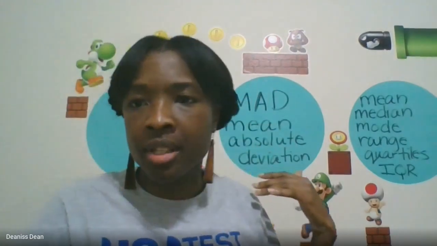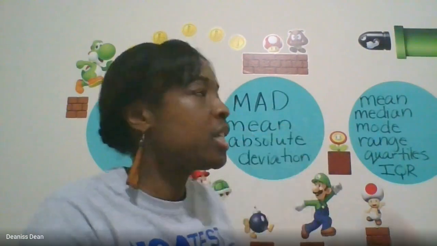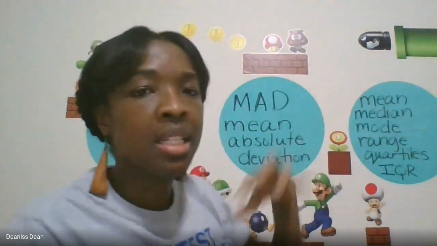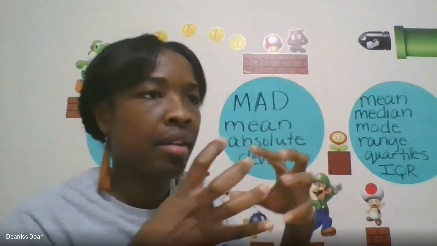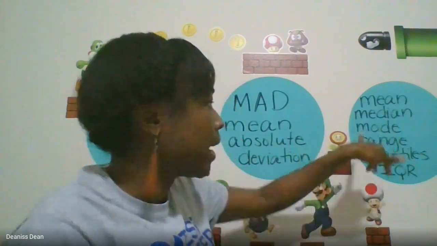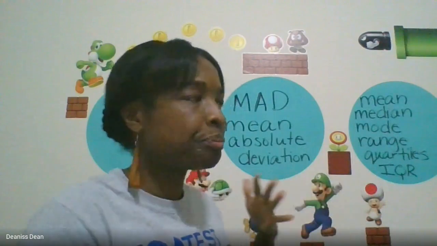I'm going to put over here on the side in the chat what mean absolute deviation is. Mean and median are what we call measures of center, right? They basically tell us what on average happens or what the middle part of the data is. The range and the interquartile range tell us how spread out our numbers are in our data set.